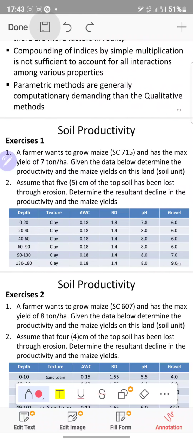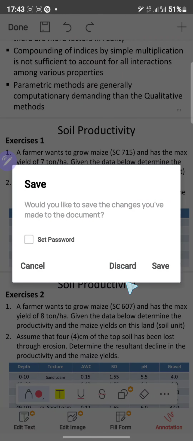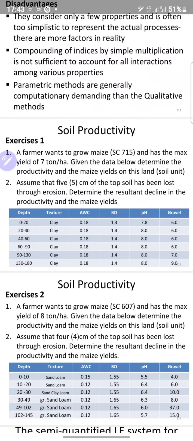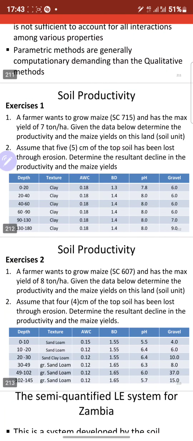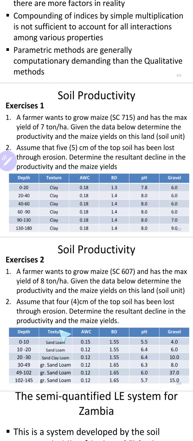Let me see if question 2 has different soil types. Okay, question 2 has different soil types. This one is the same. So now what you need is AWC.